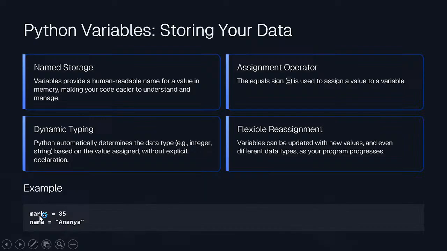That means marks is a variable, and equal to is an assignment operator. Basically, if you want to assign something to a variable, you have to use the assignment operator. So here it means that marks is 85. Here it means name is Ananya. Now you can change it or basically delete it. You can name it anything. It's all up to you.